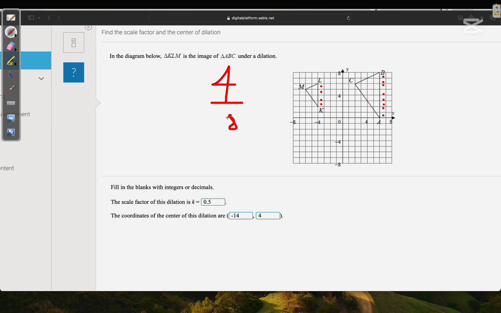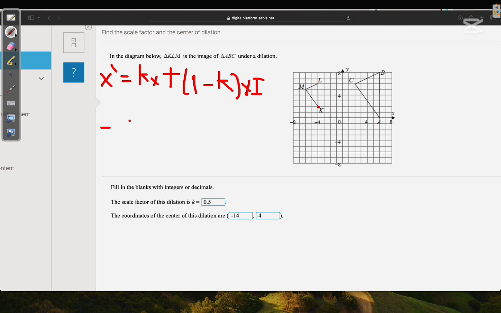Okay. So now to find the coordinates of the center of dilation, we do the same rule as we did for the last few questions. X prime is equal to kx plus 1 minus k times xi. So let's take the coordinates of k to be x prime, so negative 4.